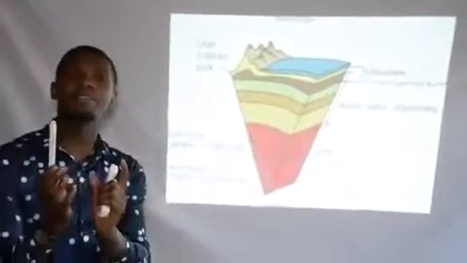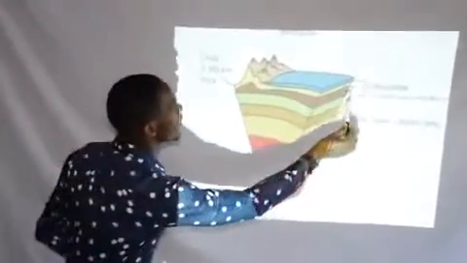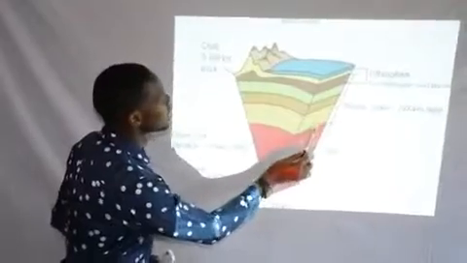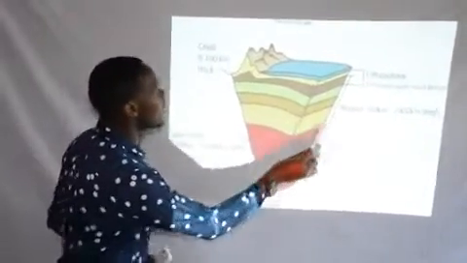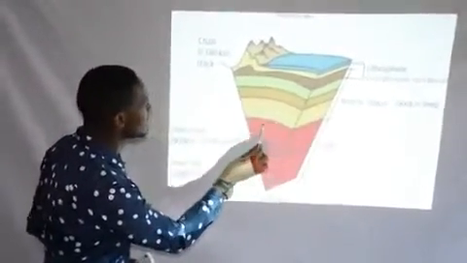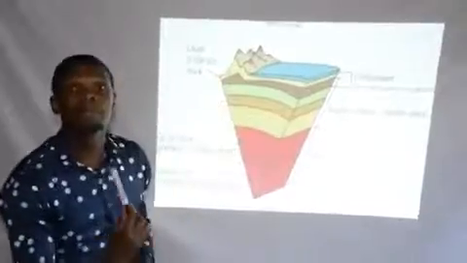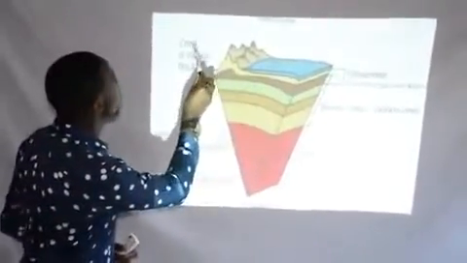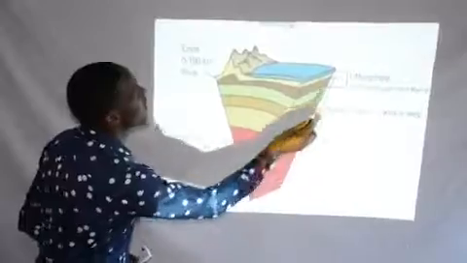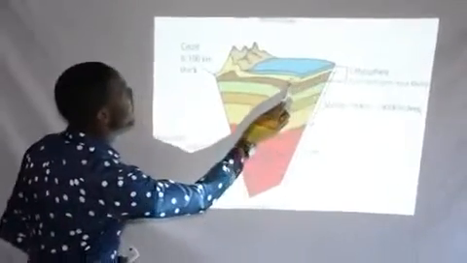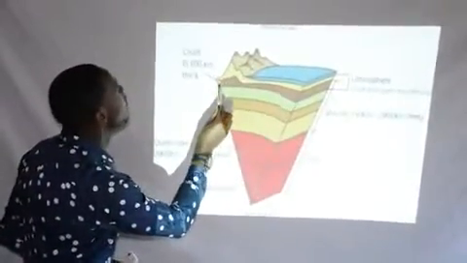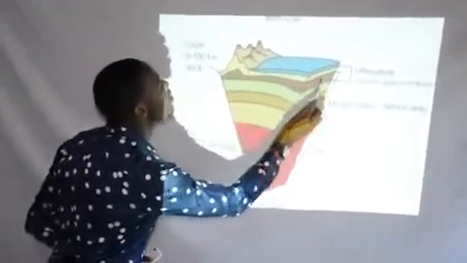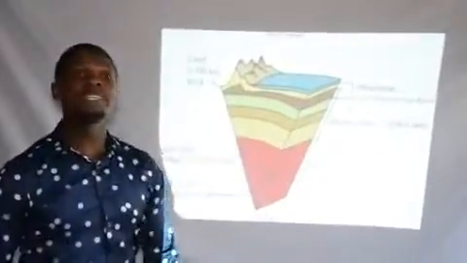So if you move from this mantle towards this core, here is where you can find the Gutenberg discontinuity. And if you move from the crust towards the mantle, here is where you can find another barrier, which is called the Moho discontinuity.